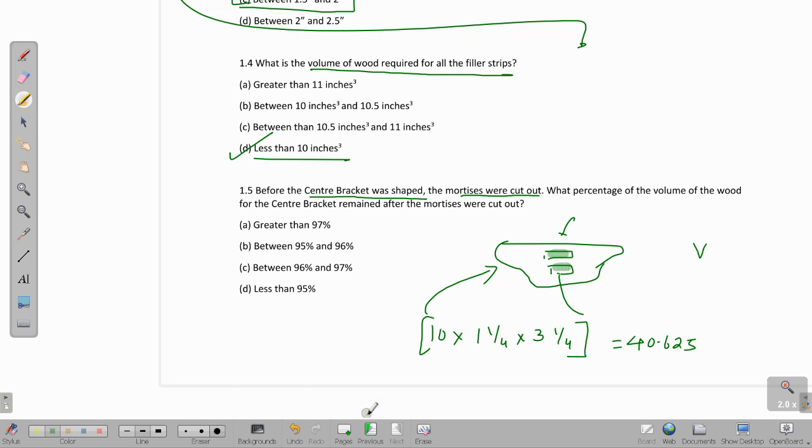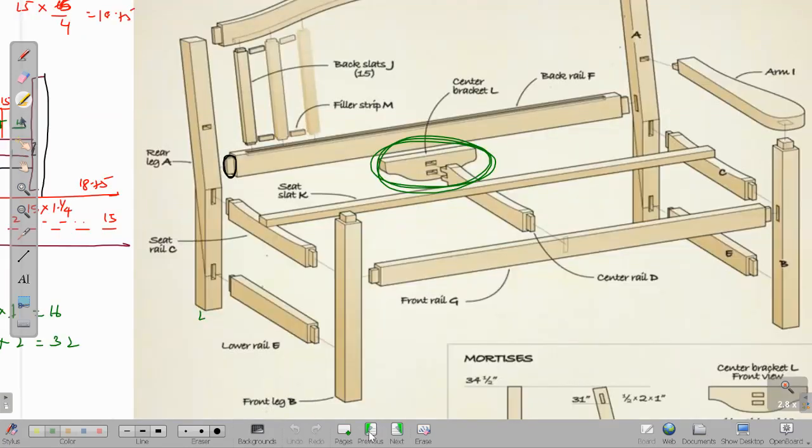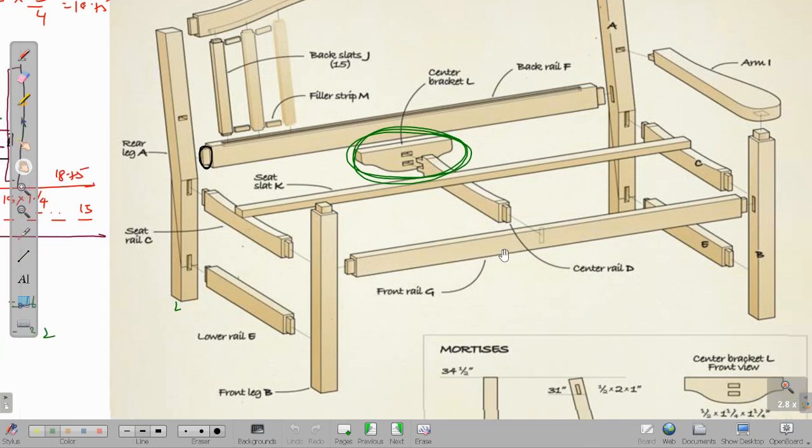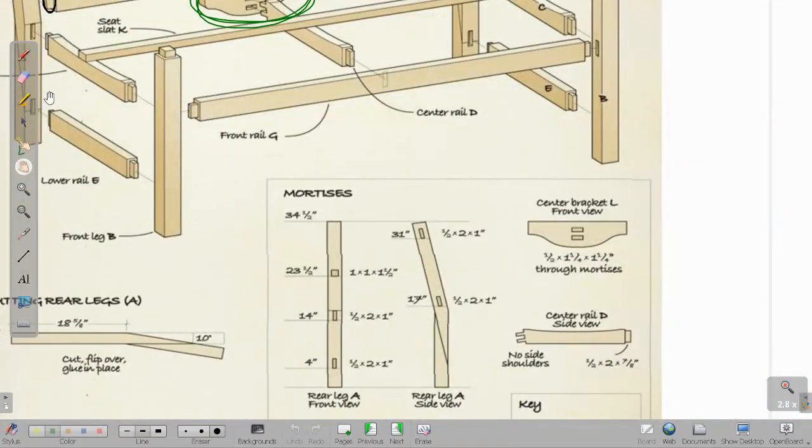And we have to look at the volume of the mortises. The dimension of each mortise is half multiplied by 1/4 multiplied by 1/4. But there are two of them, so multiply this by 2.